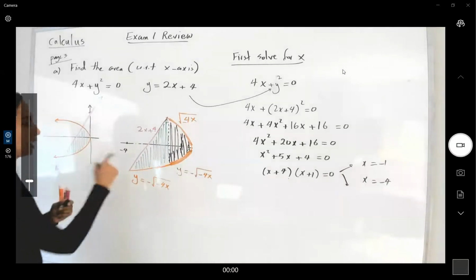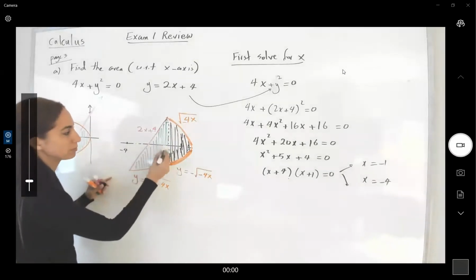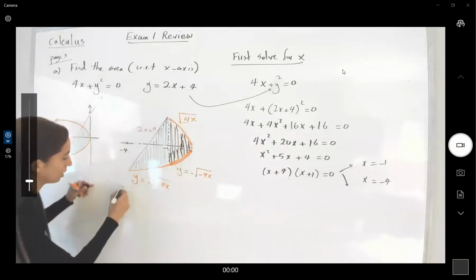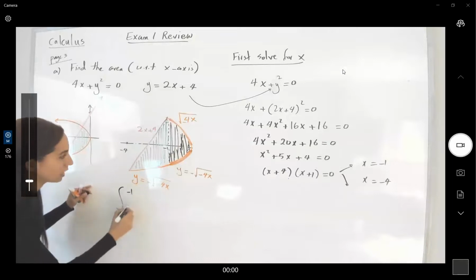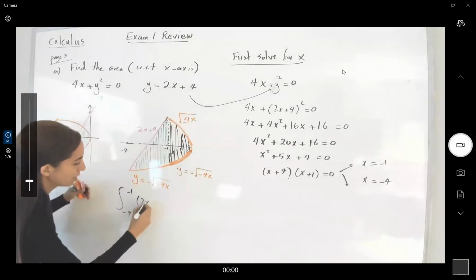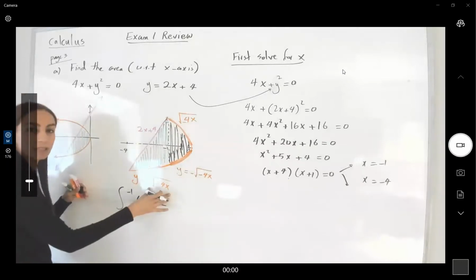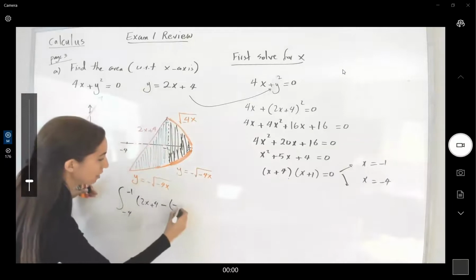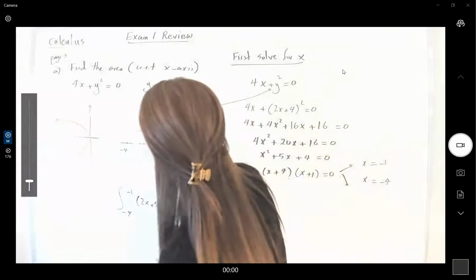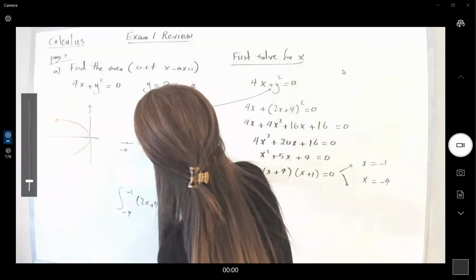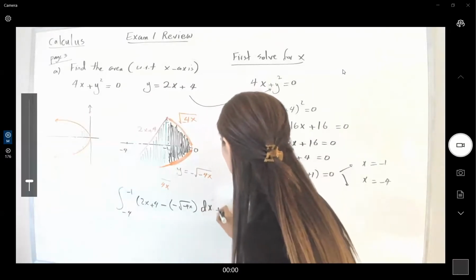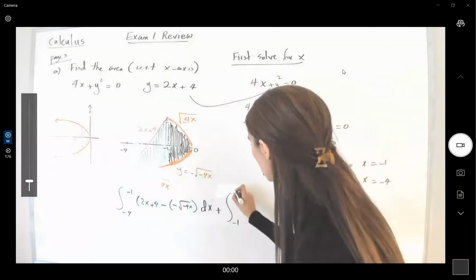One piece is negative 4 to negative 1, where these two intersect. So integral negative 4 to negative 1, bounded by these two y values, 2x plus 4, minus this function down here, negative square root of negative 4x, plus the rest of it, plus the rest of this object bounded between negative 1 and 0, dx, to negative 1 to 0.